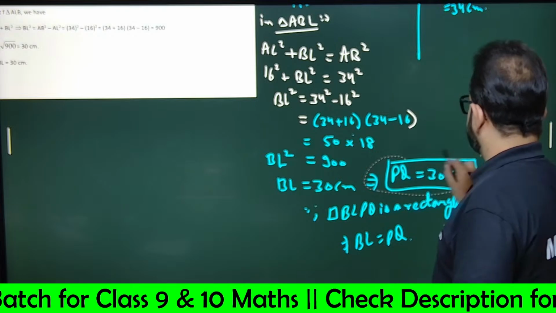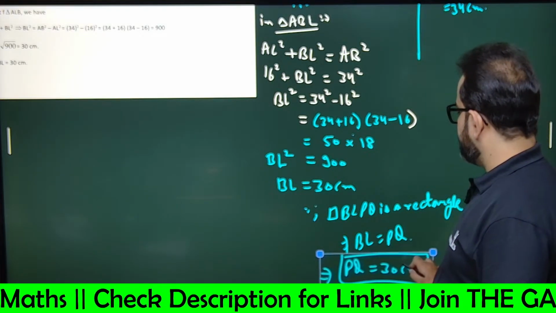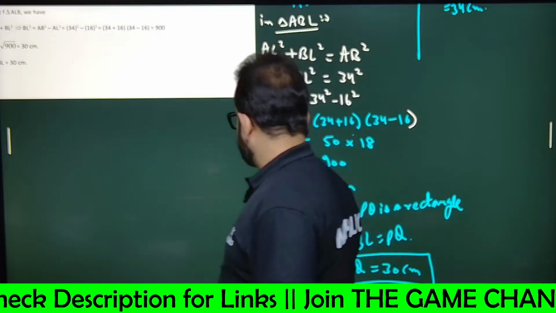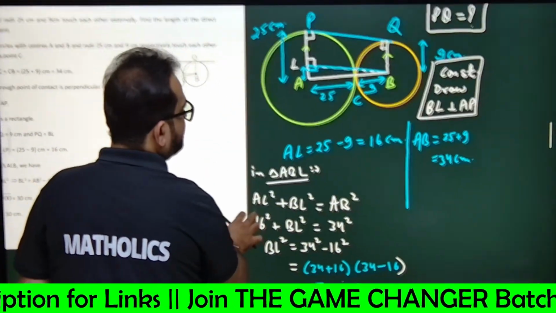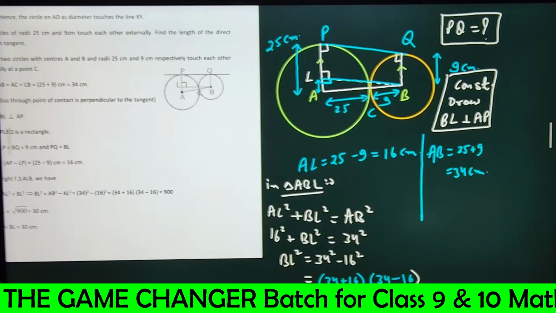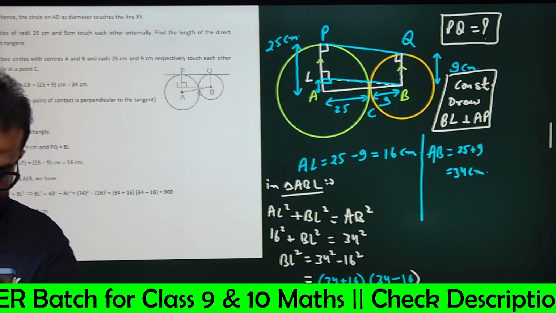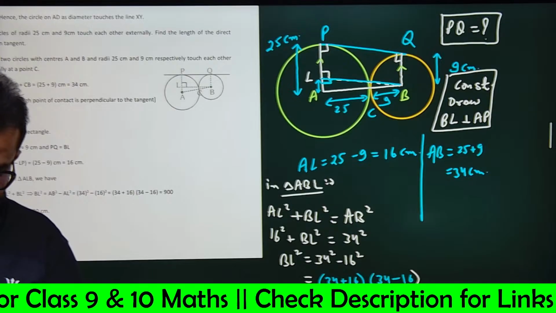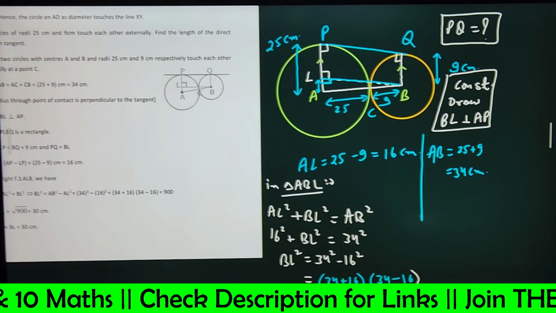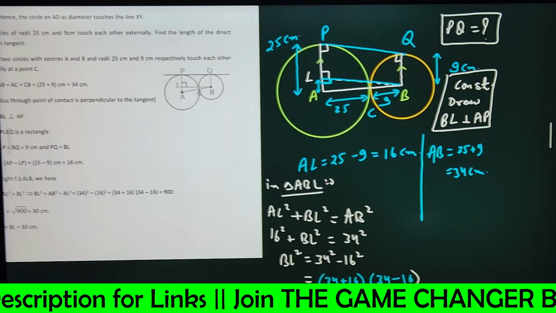After that, you should write this. PQ is equals to 30 centimeters. Copy this. Very, very easy question and tricky. Diagram is important. Copy this, then I will move it downwards. Okay. Diagram is important. Copy, copy, copy.